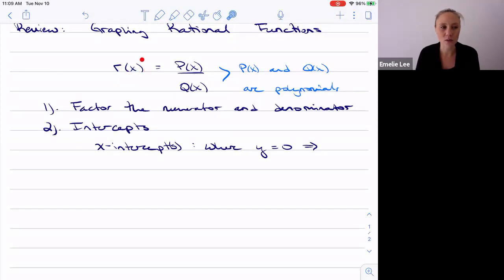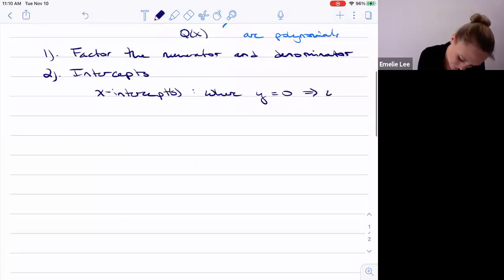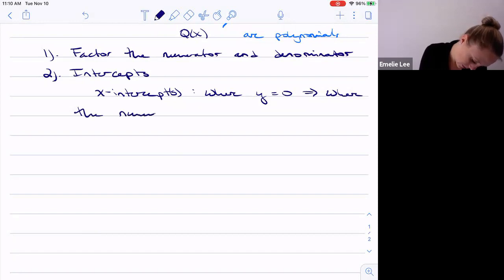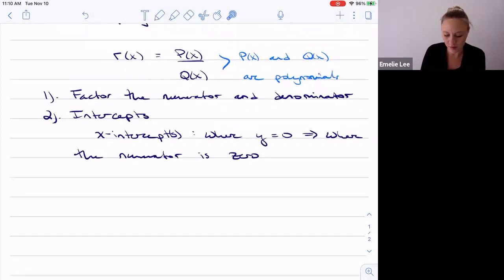So where y equals 0 is only going to happen where the numerator is 0. And what's nice is because we've already factored the numerator, we can find the zeros very easily.